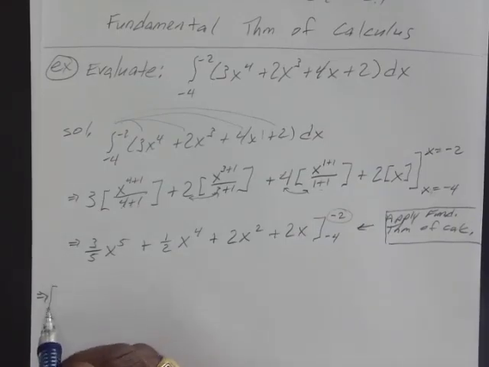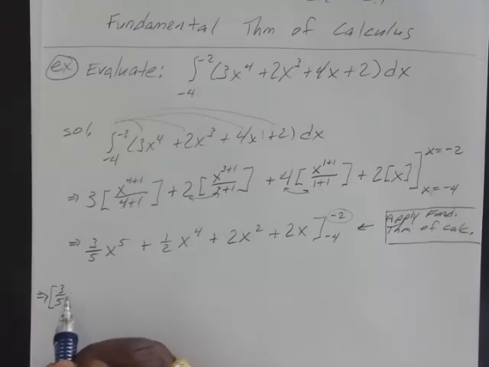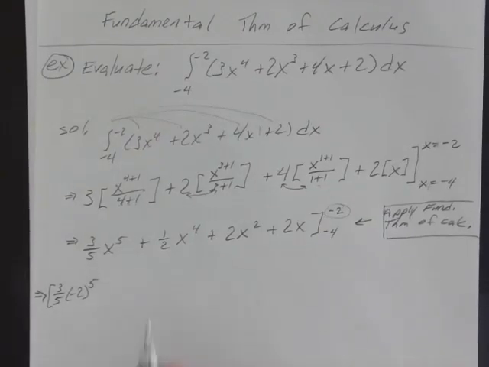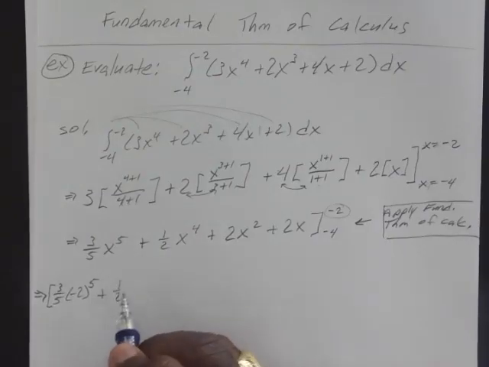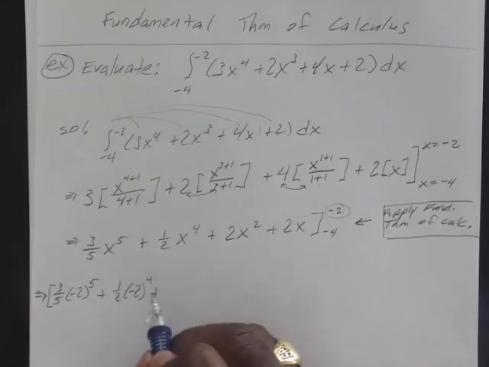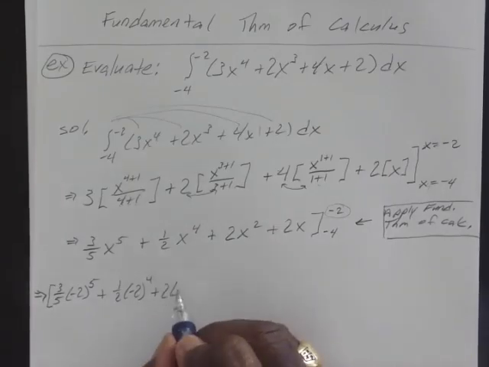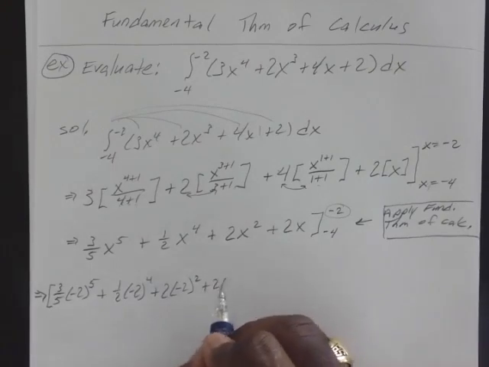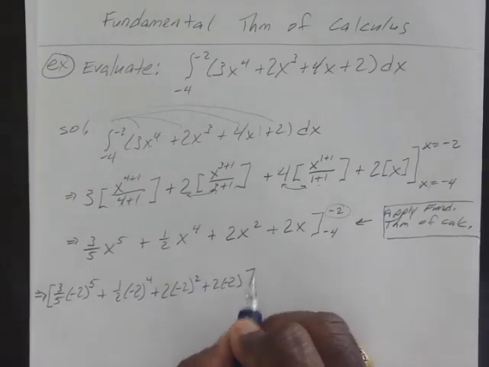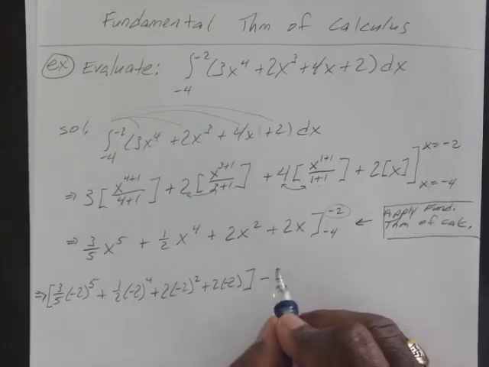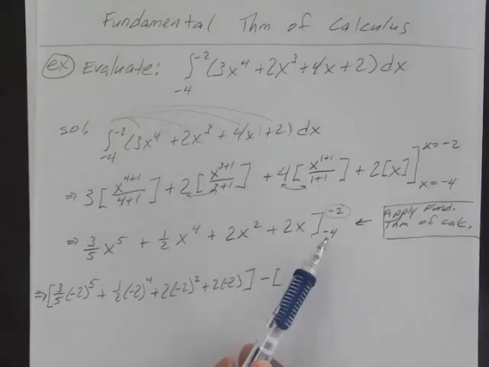Okay, so that gives us 3/5 times -2 to the 5th power plus 1/2 times -2 to the 4th power plus 2 times -2 squared plus 2 times -2, minus, now we plug in the lower limit.